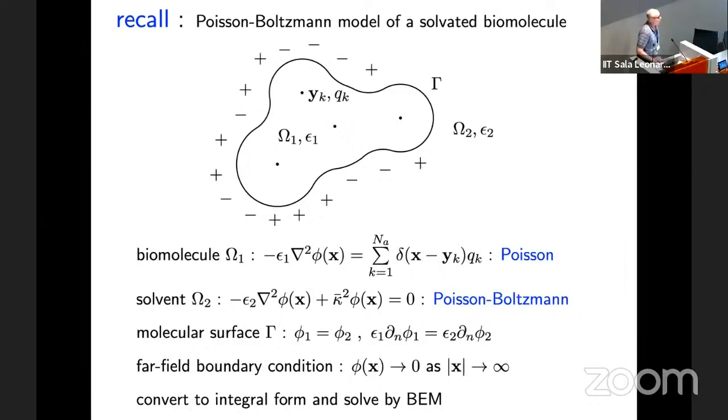By the way, you solve nonlinear equations by iterating linear equations. So we haven't done a nonlinear PB solver, but I think this method can be made to work for the iterations one would need to do the nonlinear PB as well. But this talk will be about the linearized PB equation.